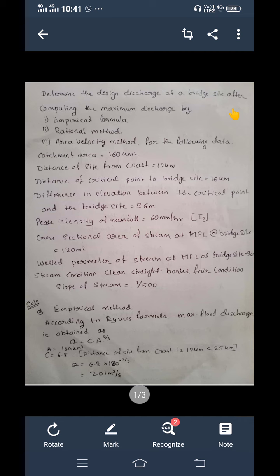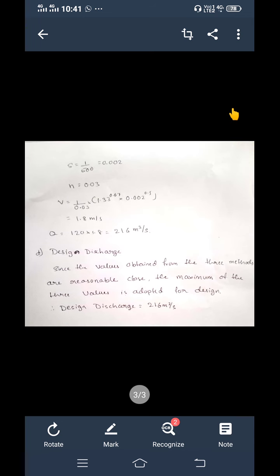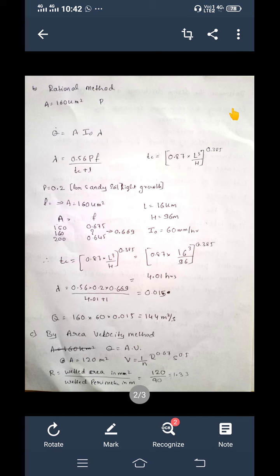That is equal to 120 meter square, that is our wetted area. Whatever water is enclosed over here, that wetted area is what we are going to consider in the area velocity method. The velocity V is equal to 1 by N, R raised to 0.67, and S raised to 0.5.